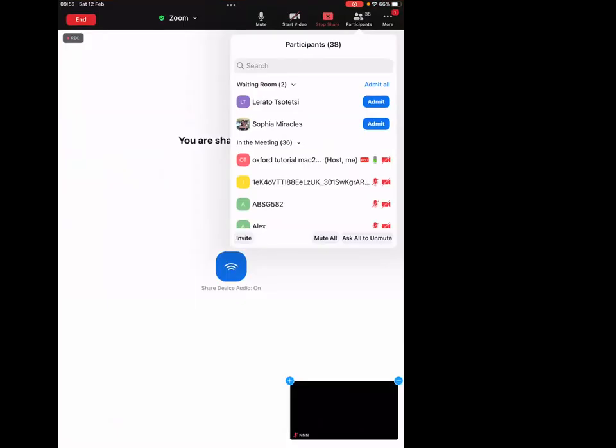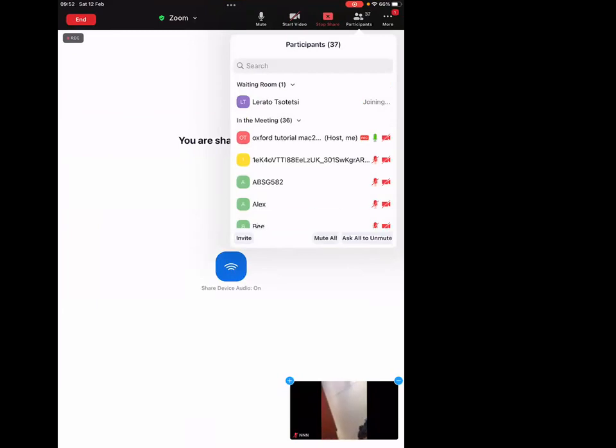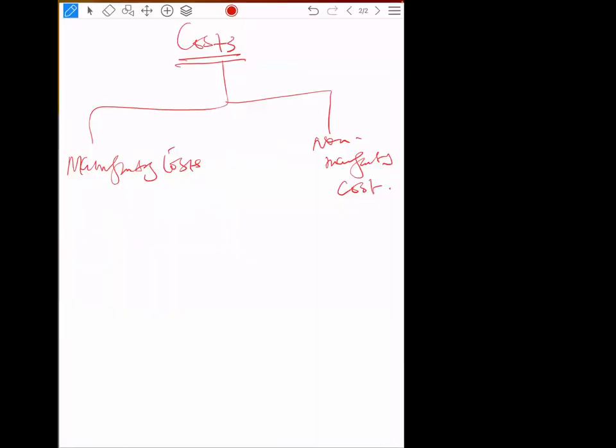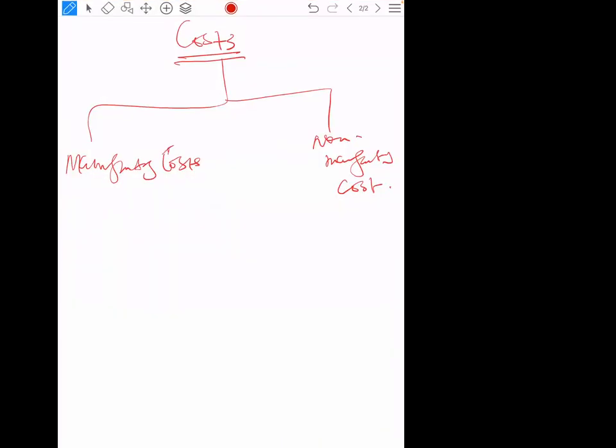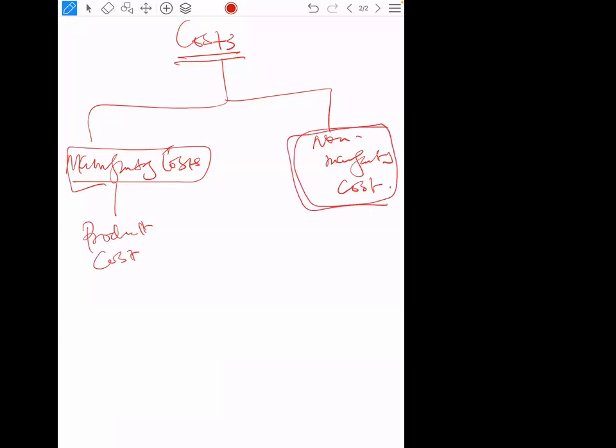When I say this cost is a manufacturing cost, I am saying that it is incurred in the manufacturing process. It is incurred in the factory. So manufacturing cost, good people, we are referring to product cost. And non-manufacturing cost, we are referring to any other business cost that is incurred by the business, but it is not incurred in the factory.